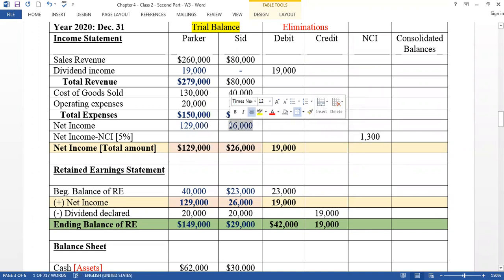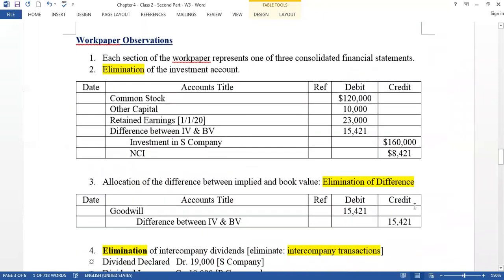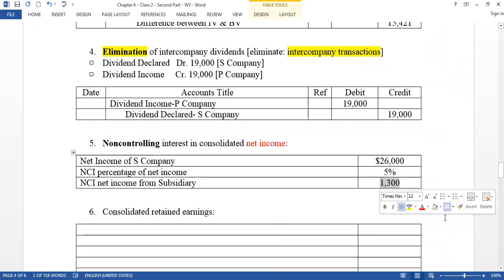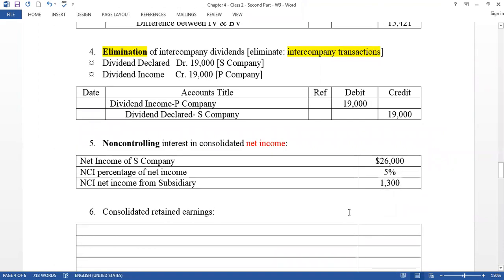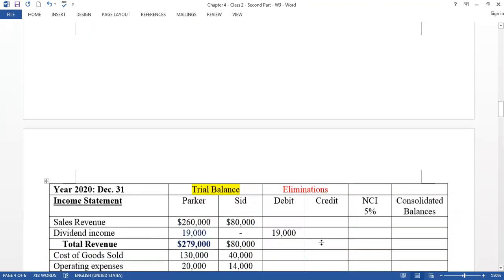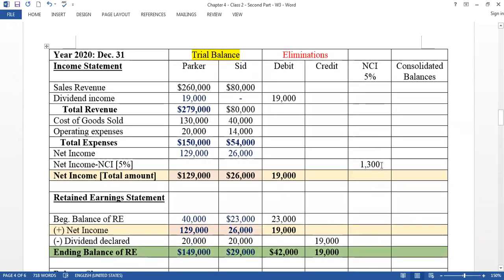When we prepare the consolidated, it is parent plus subsidiary, but not 100% of the subsidiary, because we have 5% NCI. This 5% of the $26,000 is here as non-controlling interest, which we already calculated. So this is the net income of NCI, and it comes from the subsidiary company. Do you understand up to here?